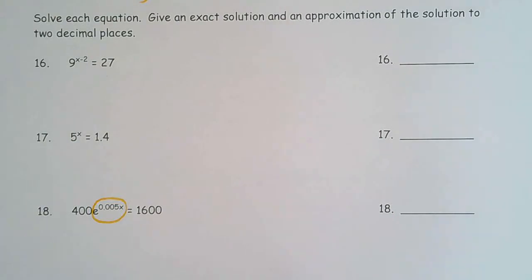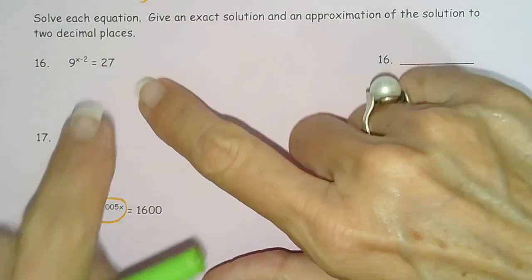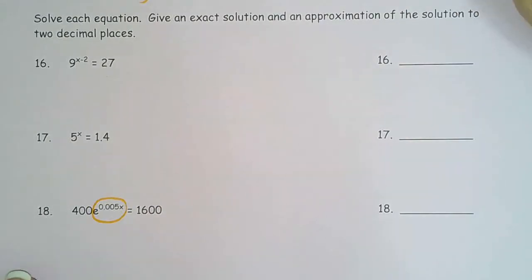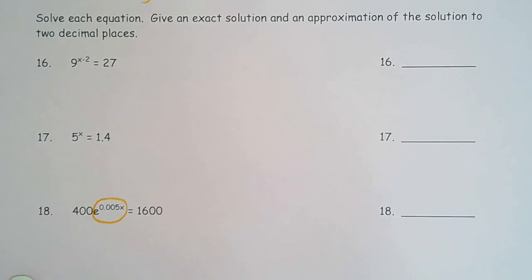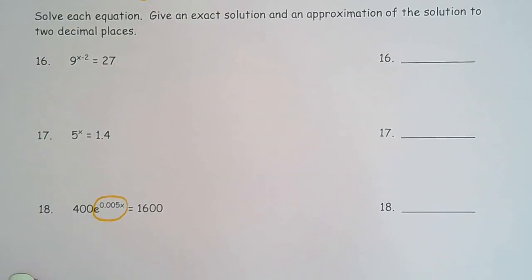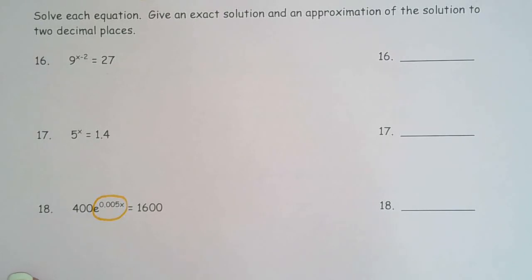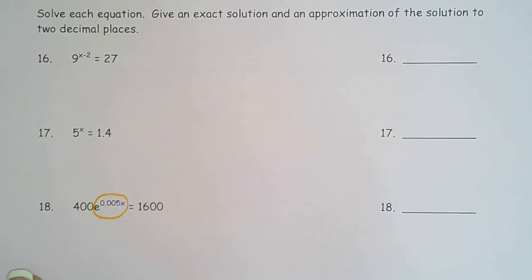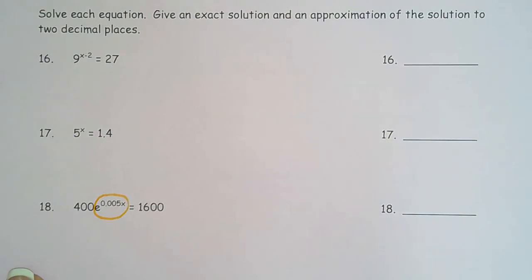Okay, so we have 9 and 27. So does that ring any bells there? Can they be written with the same base? Yes, they can. 9 is 3 to the second. 27 is 3 to the third. So if you recognize that, you can save yourself some trouble and you don't have to use logs.